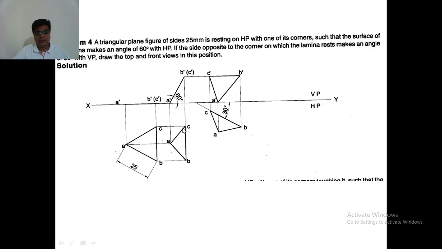That means you have to rotate this top view triangle and keep this BC at 30 degree to the vertical plane. Any angle with respect to the vertical plane is seen in the top view. That's why I will be drawing the top view. I will redraw this triangle shape here at 30 degrees, so that BC will be at 30 degrees to the vertical plane, or to the XY line.